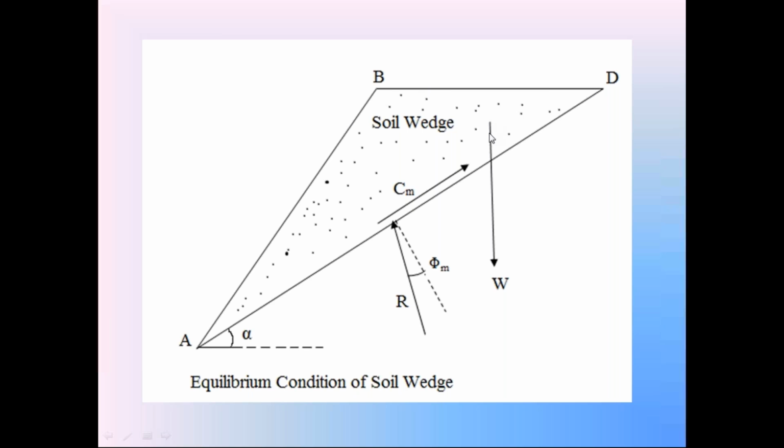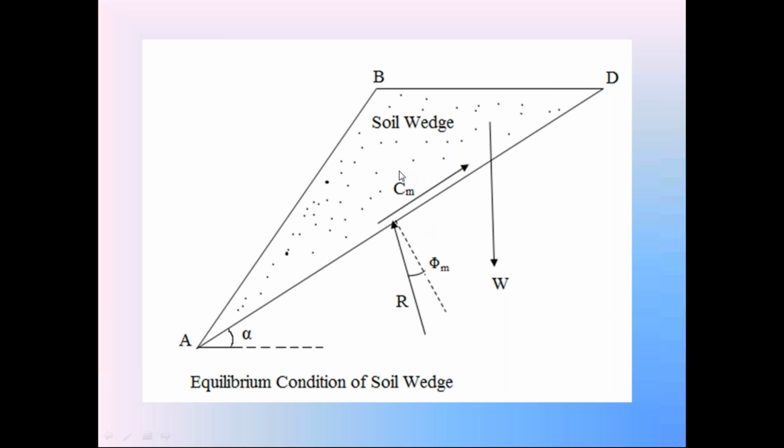First force is the weight of the soil wedge, W. It is a known force. Second force is the mobilized cohesion. In the first diagram, we indicate the force applied by the soil wedge on the failure surface AD. That is the mobilized cohesion force Cm in the downward direction. According to Newton's law, this surface AD applies the same force on the soil wedge but in the opposite direction.